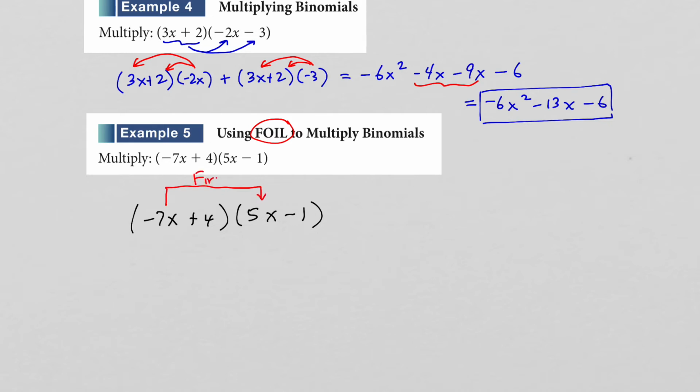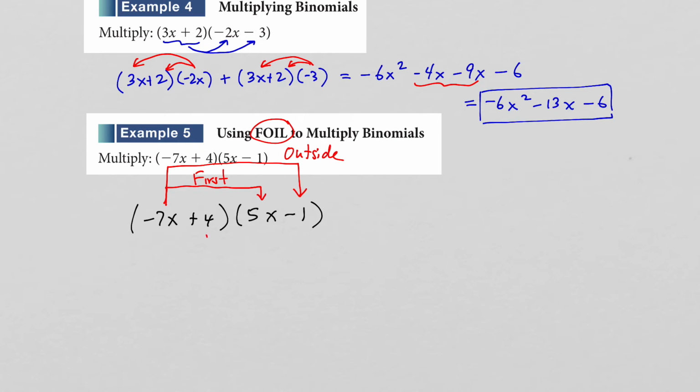And what I'm doing there is I'm multiplying the first terms of each of those polynomials together. After that, I'm going to multiply -7x times -1. Those are the outside terms, right? Because when you look at this, those terms are on the outside.